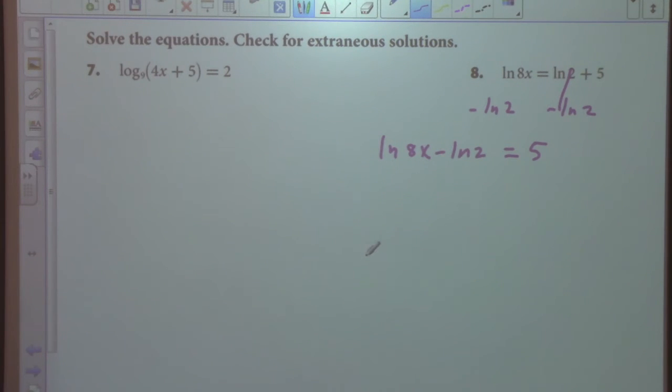Divide by ln? Okay, we look at the quotient property of logarithms. What's the quotient property of logarithms? How can we combine these into a single logarithm? Let me show you what it is. We have ln of 8x over 2.